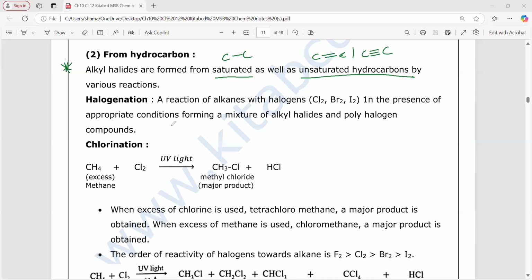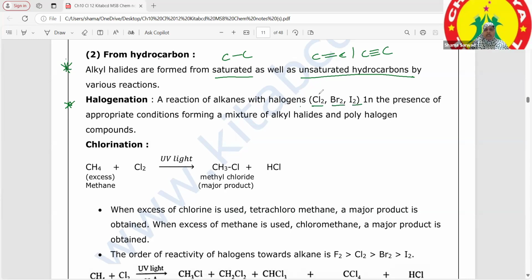Now halogenation. First thing, if you do the halogenation of a hydrocarbon or alkane, what happens? You will get the alkyl halide. It is a reaction of alkane with halogen. Halogen means chlorine, bromine, and iodine. Why have I written here Cl2, Br2, and I2?